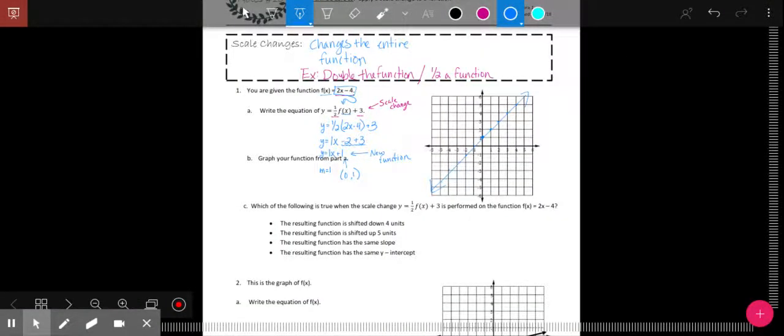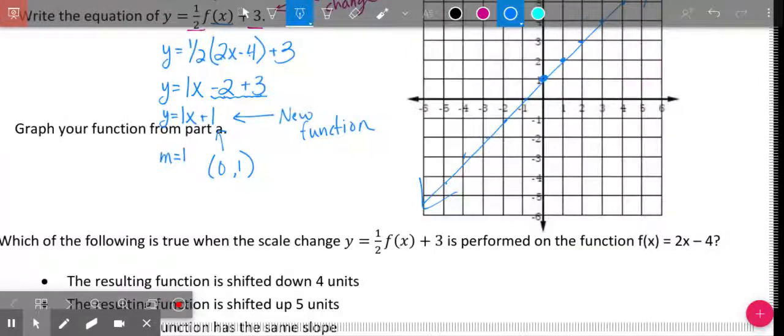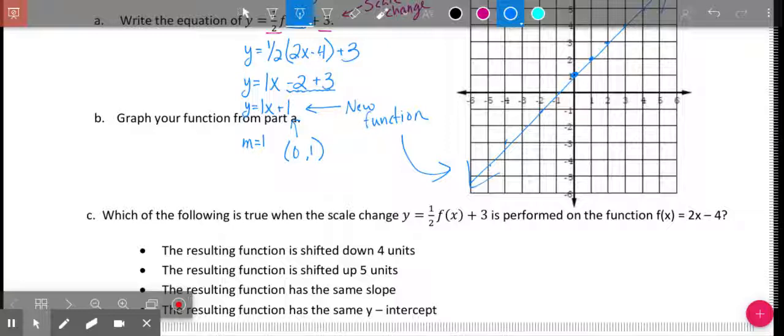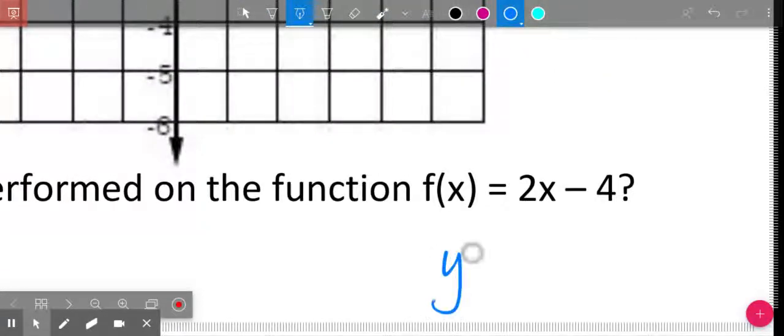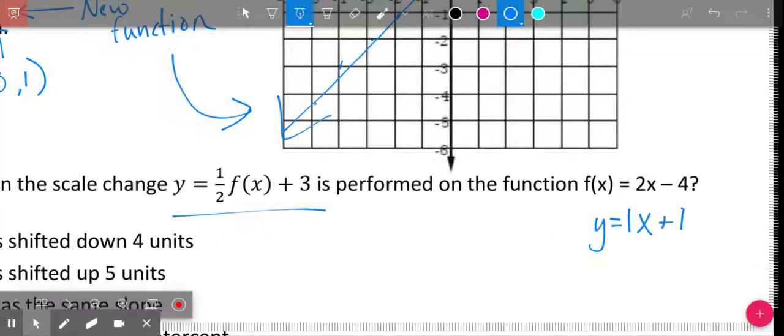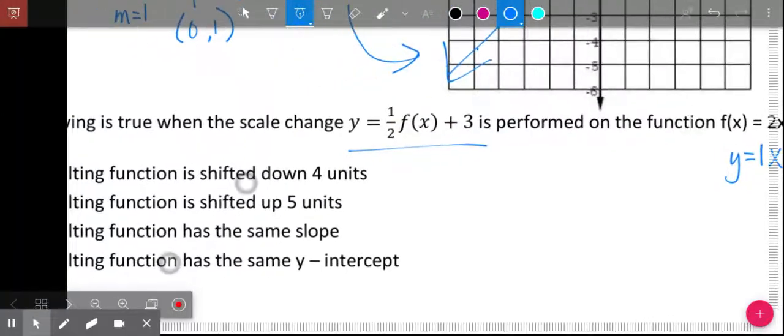Then part C. This is my new function. It says which of the following is true when the scale change is performed on the function f of x equals 2x minus 4. This was my old one. Remember, our new one was y equals 1x plus 1. So we're going to compare the two. What changed?